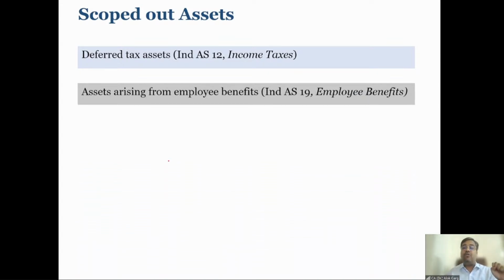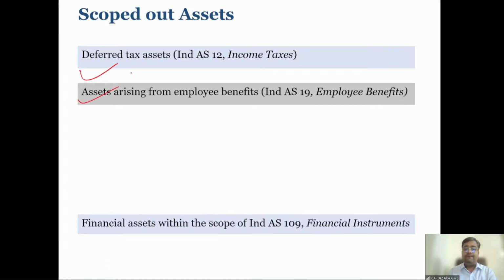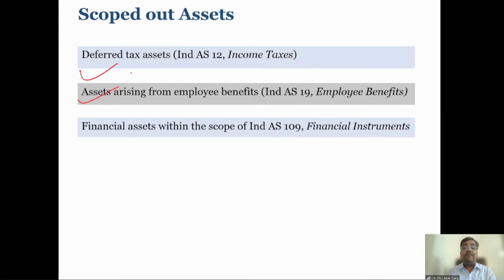If in the disposal group there are some plan assets arising from employee benefits, you must have heard about plan assets, defined benefit obligation, right? So those plan assets have to be measured as per Ind AS 19, not as per Ind AS 105. Okay. Financial assets.